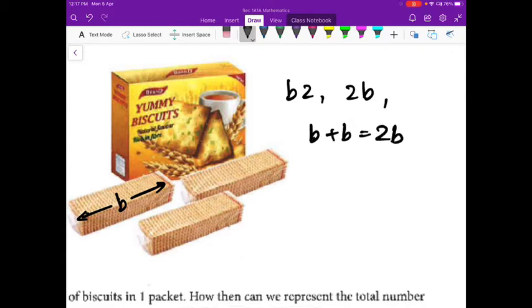Which is the correct answer for two packets? So there are two answers that are correct. First, this is correct. Next, this is also correct. Now, what is wrong with this over here?